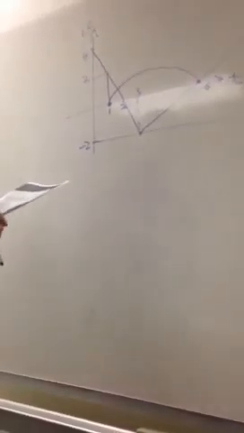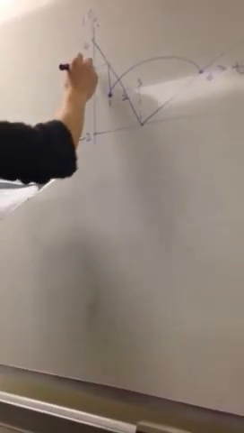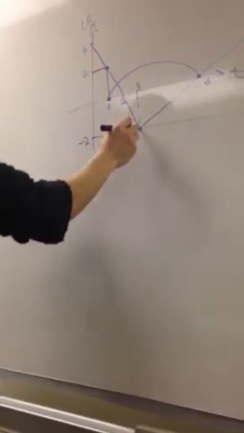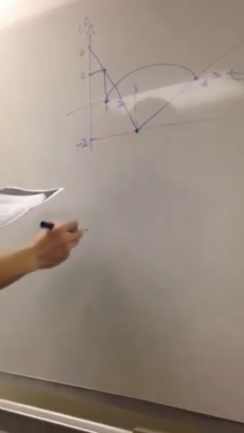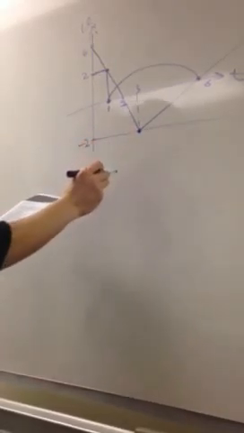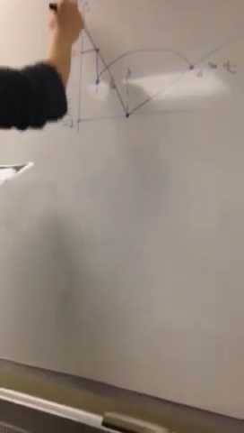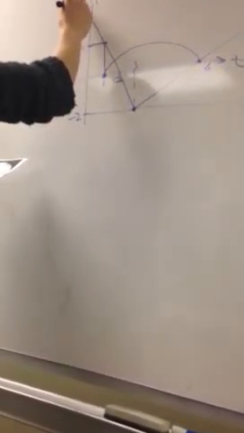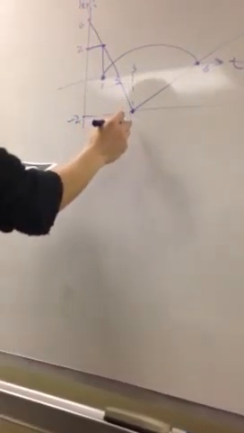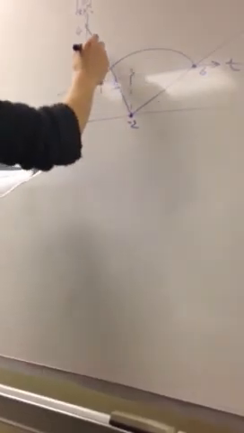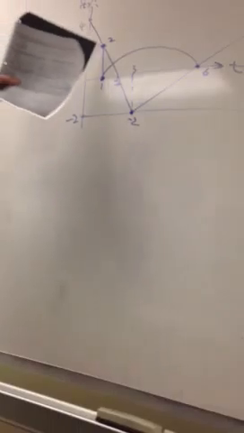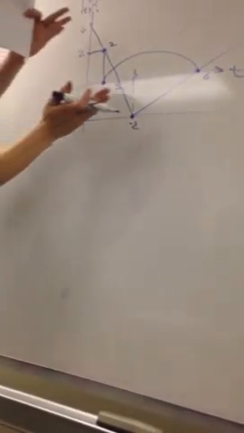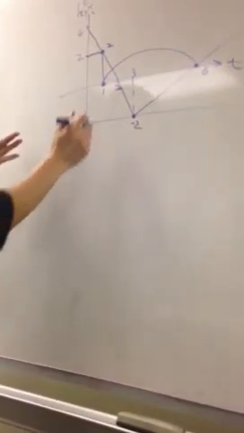Here the speed, what's the speed here? It's minus 2. That's the velocity, right? The velocity is minus 2 here, and the velocity here is 2. So the average velocity here is going to be 0.